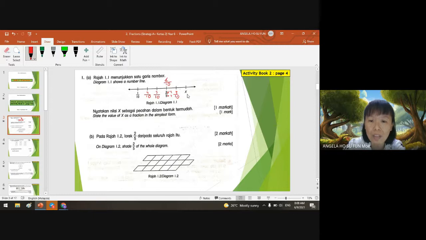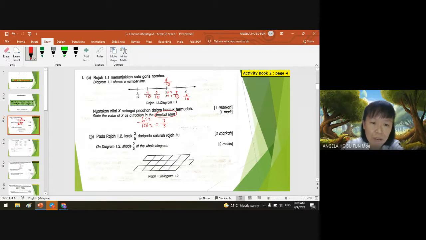So your x actually will be 6 over 10. But they want it in the simplest form. So simplest form means that you simplify 6 over 10 with the times table of 2, divide by 2, divide by 2. So you get 3 over 5. So that's it for question 1A.